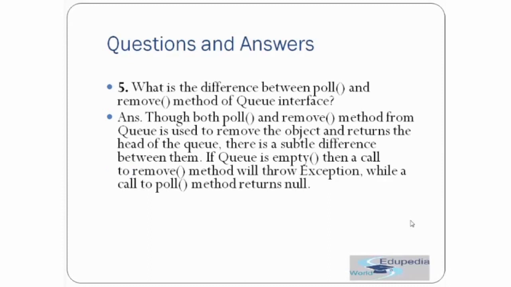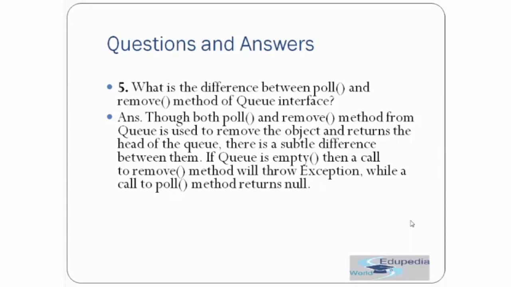So that's why we try to implement it that way. Now the next question is, what is the difference between the poll and remove methods of the Queue interface? Both poll and remove are used to remove the object and return the head of the queue.